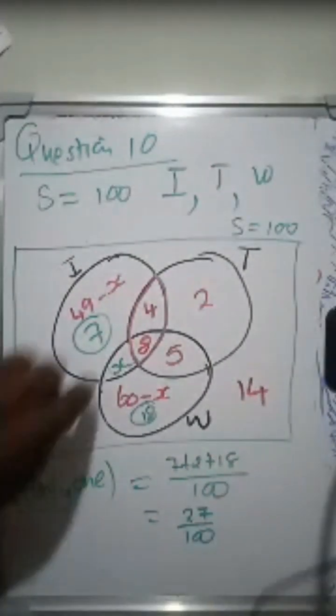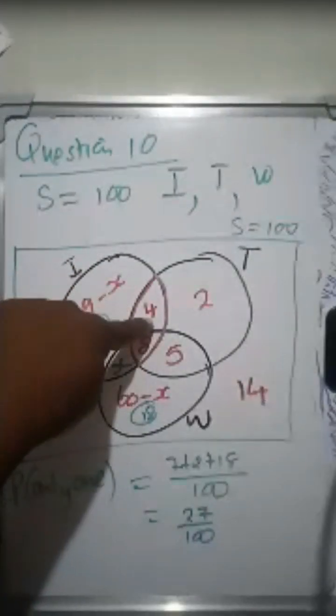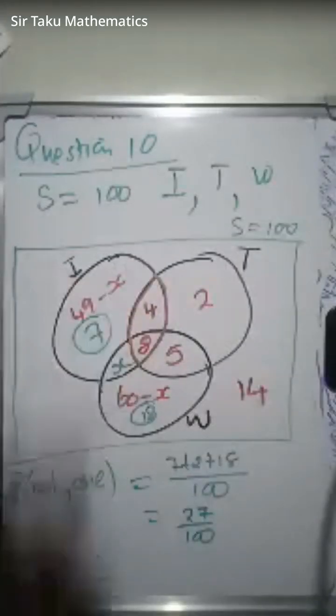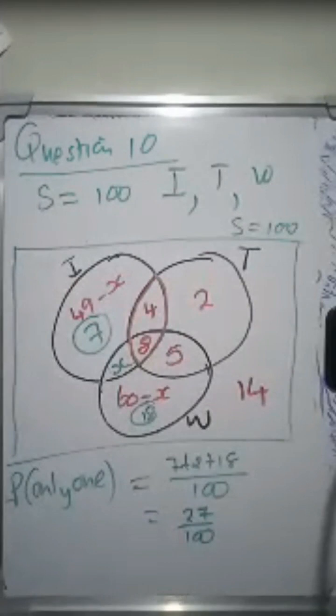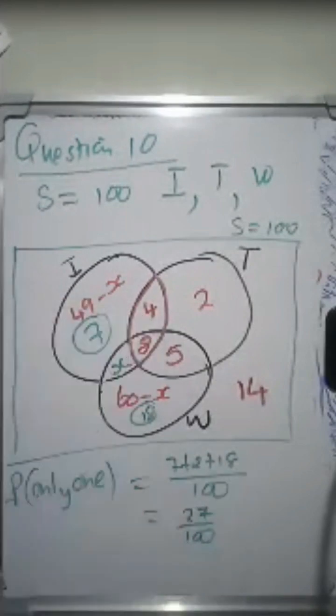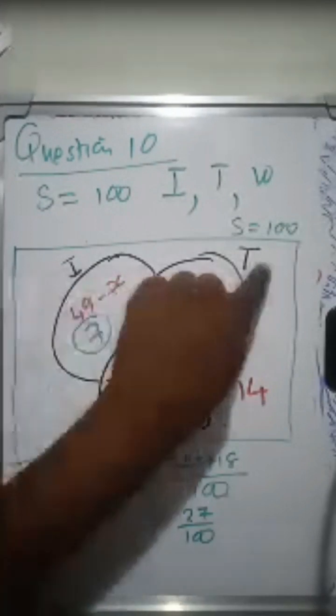Only one. Guys, these ones use how many? These 4 use how many? Oh, am I speaking alone? These 4 use how many? Twitter and Instagram. Yes, Twitter and Instagram.